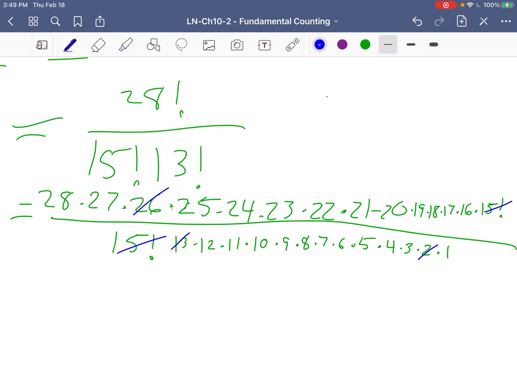The 12 goes into 24 2 times. 11 goes into 22 2 times. 10 goes into 20 2 times. 9 goes into 18 2 times. 8 goes into 16 2 times. Then we have this 7 to deal with. 7 goes into 21 3 times.